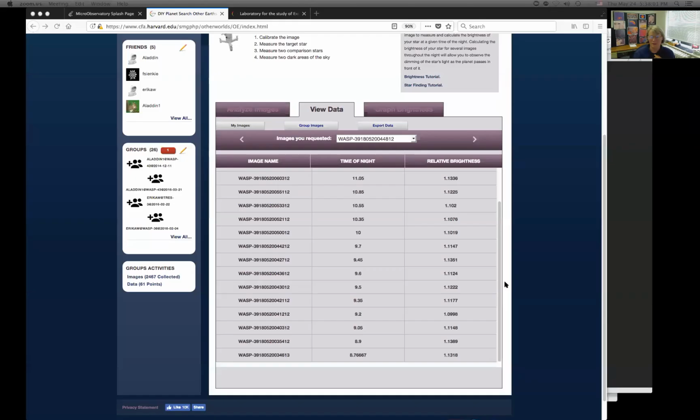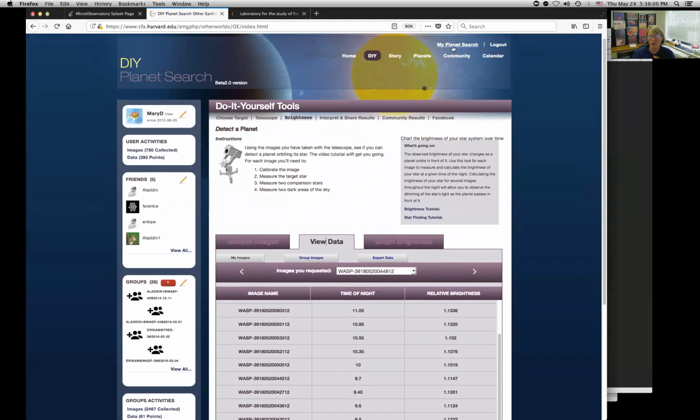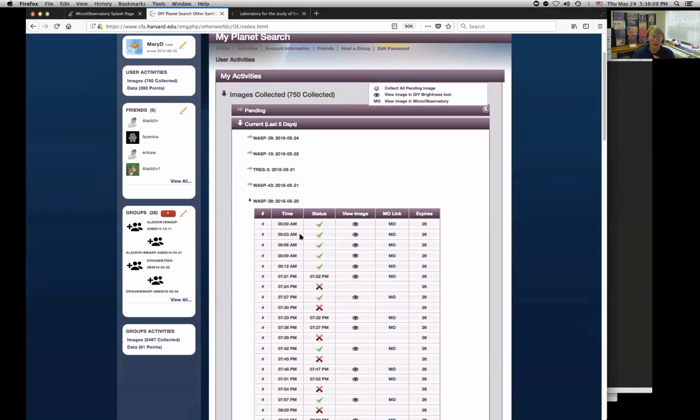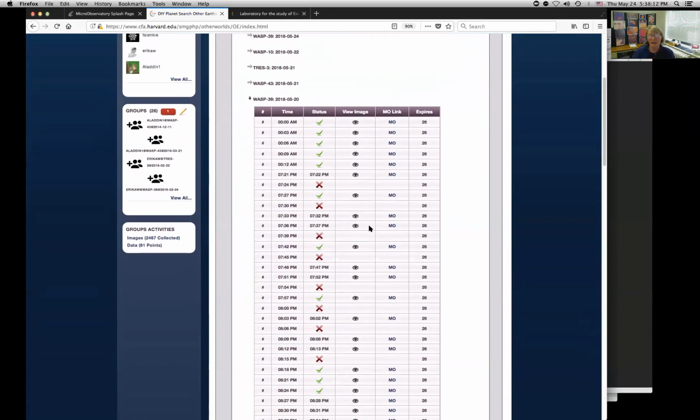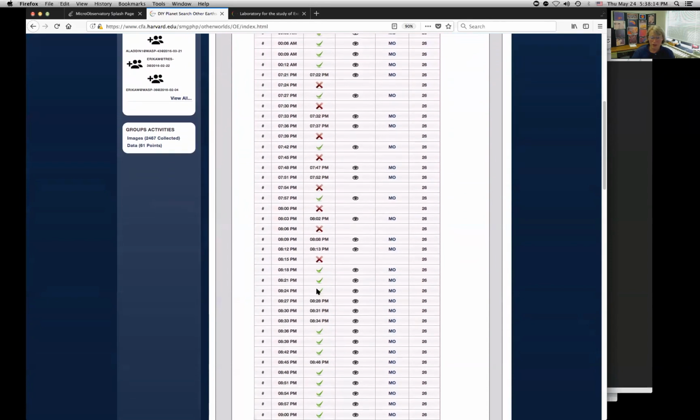Would it be possible to actually download some of the images? Someone had asked. Yes, so let me share a screen here again. Okay, and so if I go back to my planet search and I see these WASP-39 images, next to every image, there's an MO link.